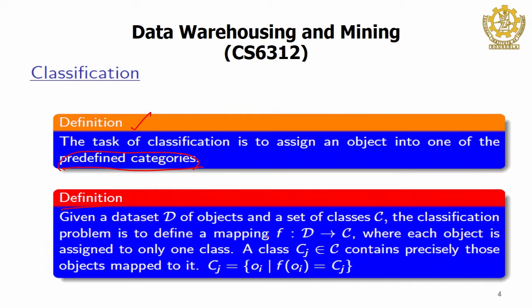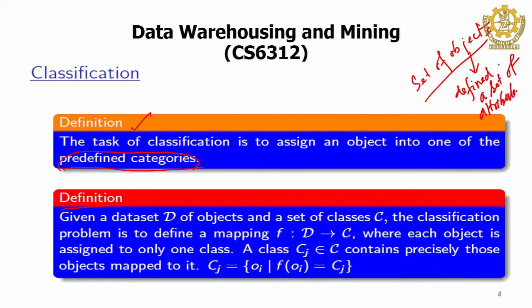Then we follow the formal definition: given a data set D of objects, as we studied, a data set is the set of objects. And how do you define the object? Each object is characterized by a set of attributes.